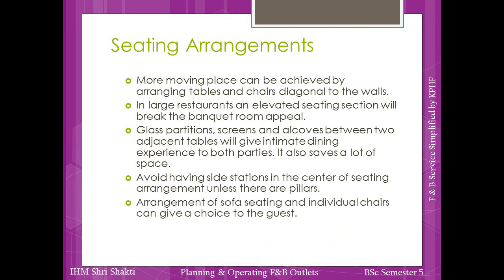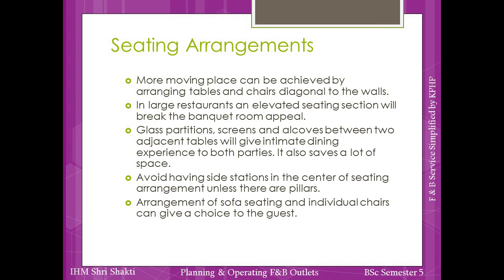An arrangement of sofa seating and individual chairs can be a great choice for guests, because not everybody is comfortable sitting on sofas, and not everybody can sit on chairs. So sofas and chairs have to be balanced.